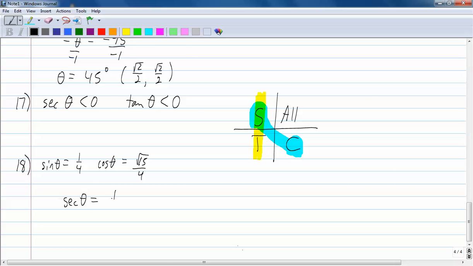Remember, secant is 1 divided by cosine of theta. So secant is equal to 1 divided by the square root of 15 over 4, because that's what cosine is equal to. Or you just take the reciprocal, 4 over the square root of 15. Rationalize, and you get 4 square roots of 15 over 15.